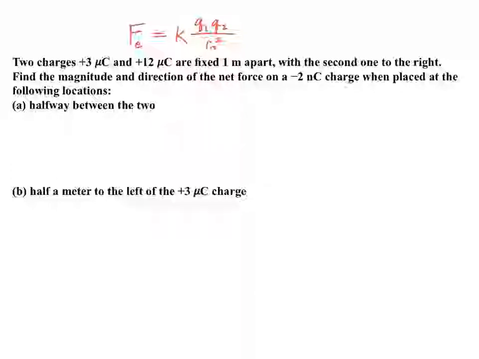Mass is associated with gravity. So if I write electric force per, say, charge 1, then it's going to be K Q2 per the distance squared. And that's how we define the electric field.